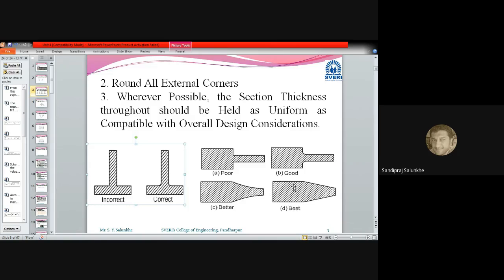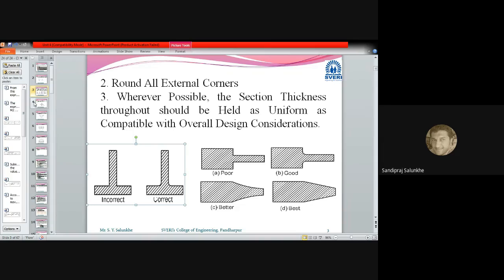Whereas in the fourth, diagram D, it has gradually changed with a straight line. So which is the best?